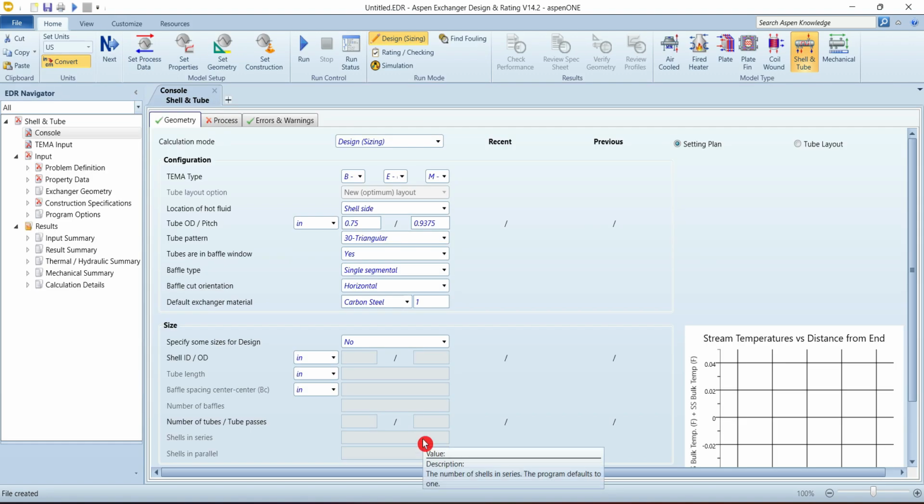And this is the front interface. We can entirely work in this interface, even defining the process conditions, or we can call the process conditions from the previous simulation if you have saved that file. So let's call the Aspen Plus file inside the EDR interface.